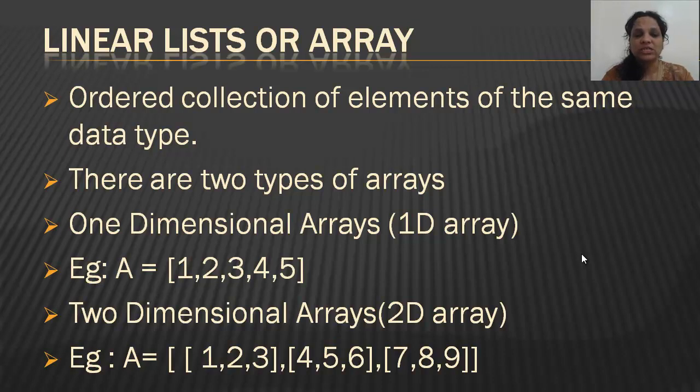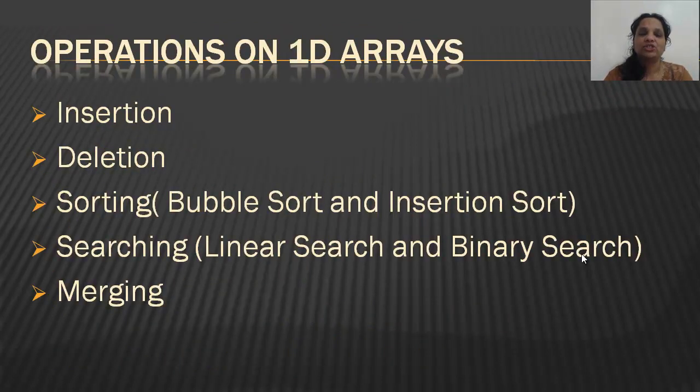Let's not get into details of 2-dimensional arrays now. I will show it to you later. But when you look at the examples given on the screen for 1-dimensional array and 2-dimensional array, it's exactly the way we write a list. We could say a 1-dimensional array is a regular list and a 2-dimensional array is a nested list. Is that clear?